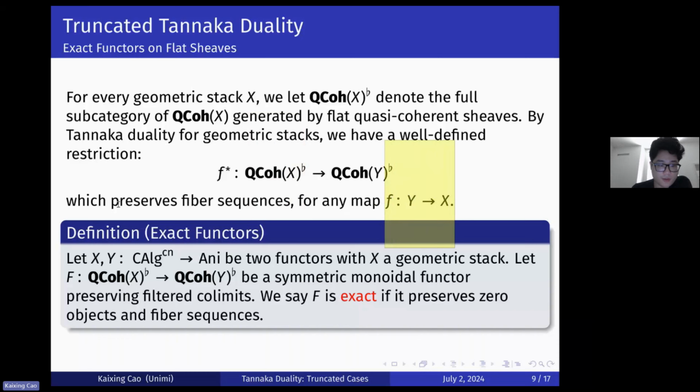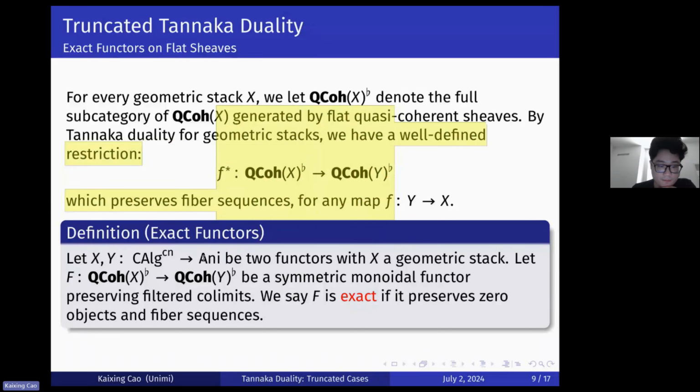In particular, we know it preserves the fiber sequence. Also, if we have a symmetric monoidal functor between the flat objects, which comes from the constant of X to the constant of Y, but from an exact functor, then it also preserves the fiber sequence.